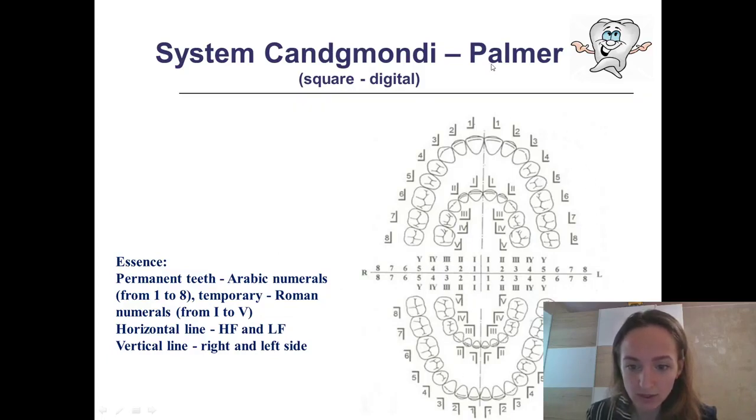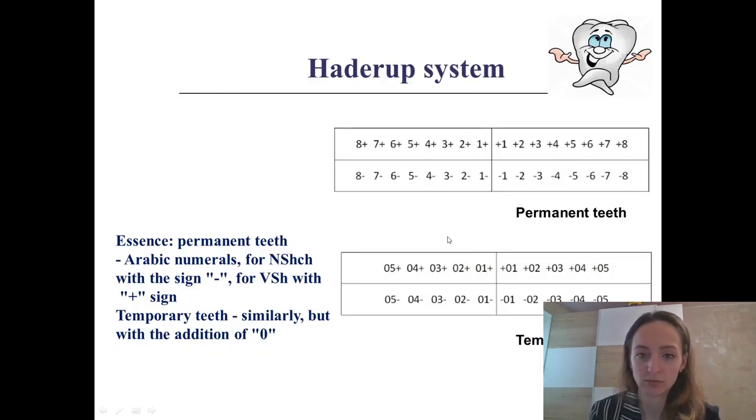So the vertical line divides right and left side. Also we have permanent teeth and temporary teeth. And these are special dental formulas that we write in the register card of the patient.